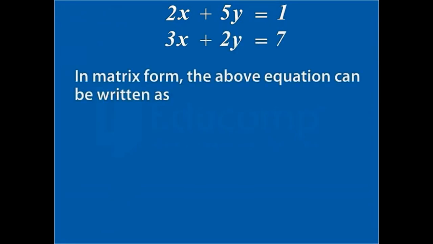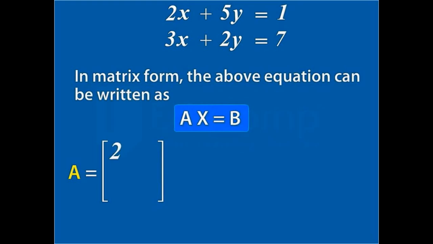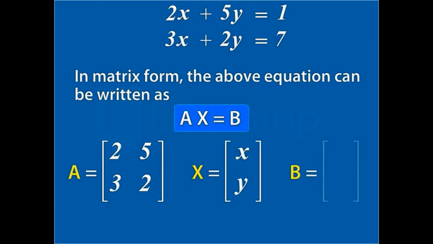Consider the equations 2x plus 5y equals 1 and 3x plus 2y equals 7. In matrix form, it can be written as AX equals B, where A is a 2 cross 2 matrix with the elements 2, 5, 3 and 2, X as a column matrix of unknowns x, y, and B as a column matrix with the elements 1, 7.